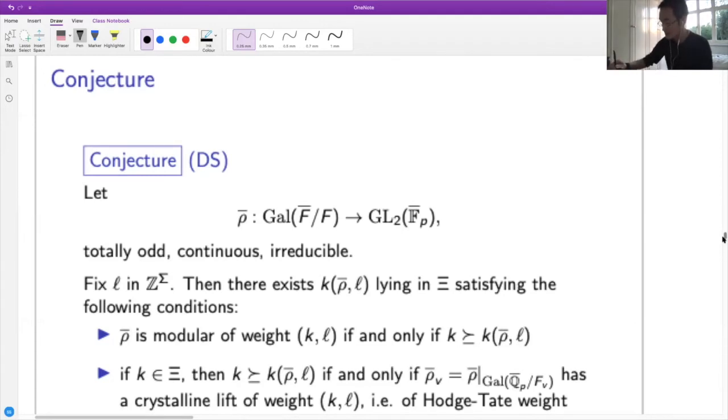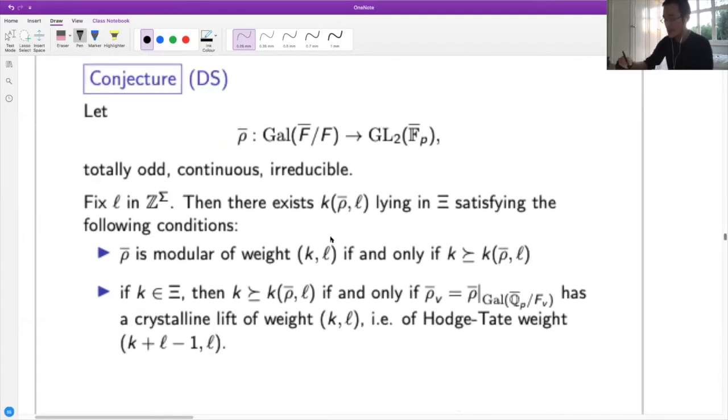Then the conjecture says there exists K, a d-tuple of integers, sitting in the cone C, satisfying the following two conditions that characterize this tuple: rho bar is modular of weight (K, L) if and only if K is curly greater than or equal to K_{rho bar, L}.